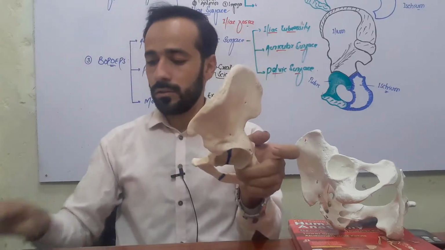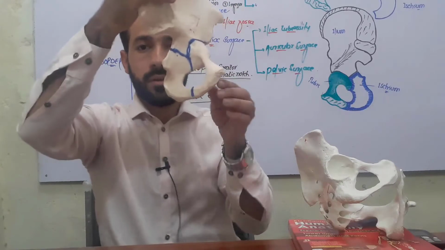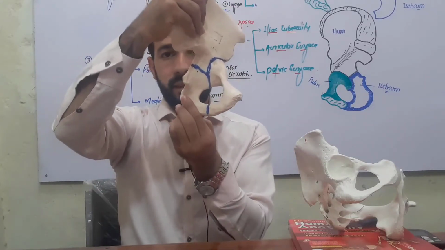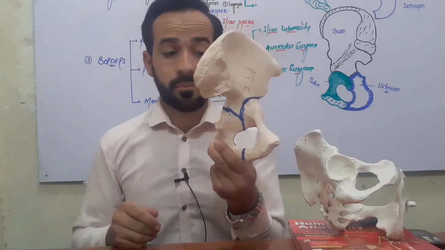Look carefully. You can see now I have divided the bone into three bones. This one, the pubis, this one, the ischium, and the superior-most is the ilium, right?